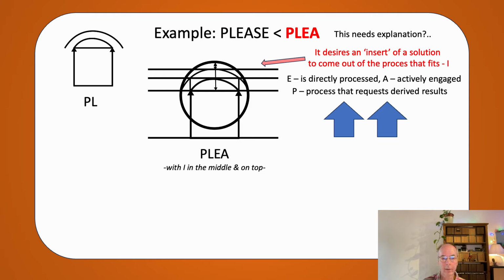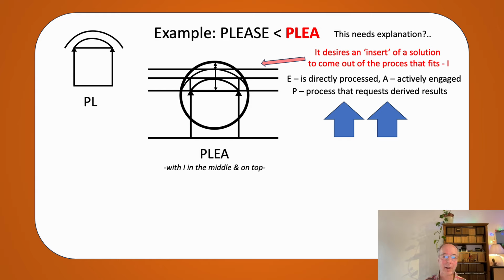but you can understand it from the viewpoint of it when you understand what is underlying as a letter combination. So if you can make a better one, it's okay, but you can already understand from what I already said. The P is the process that wants to receive results. The A is what is directly processed. The A is what is actively engaged. And in the end, you have the letter E, which comes out, which is an expression of what you really have. That's what you desire. This is the desire for the solution.